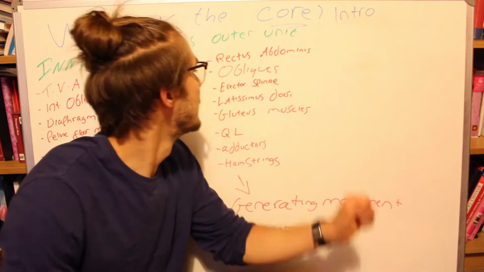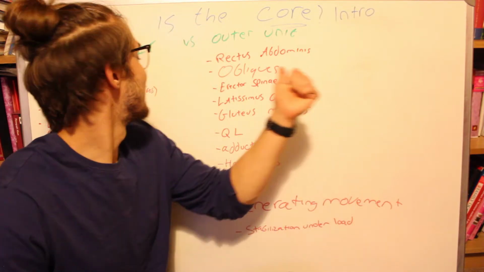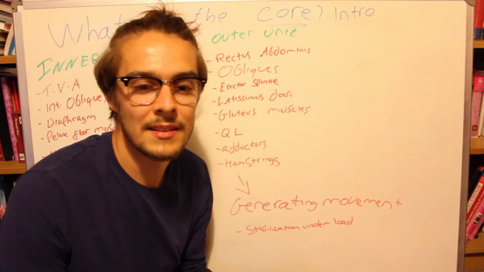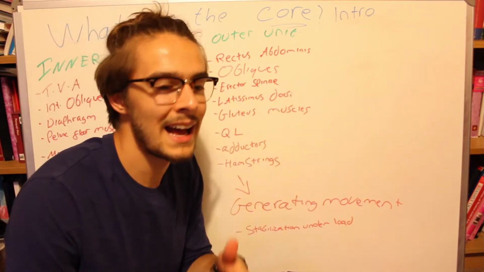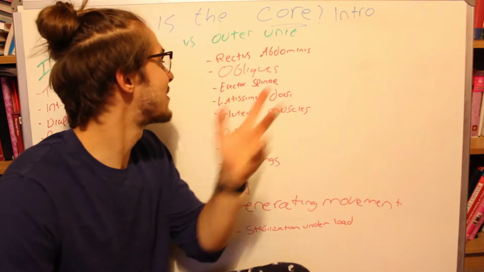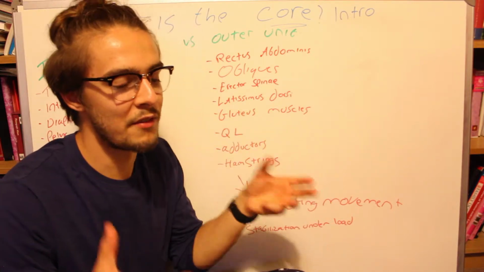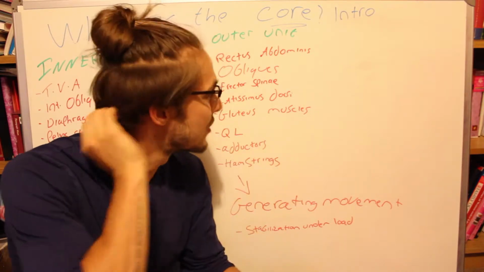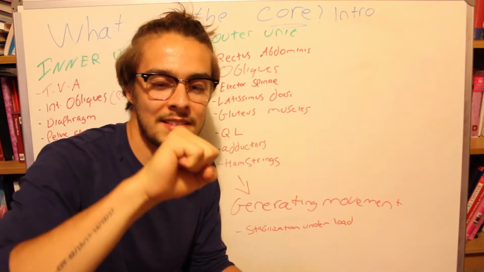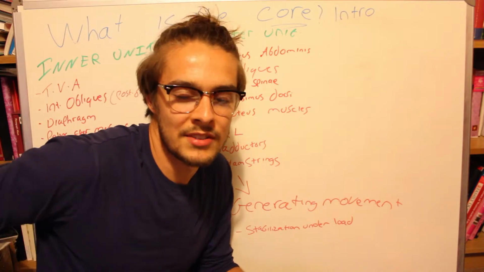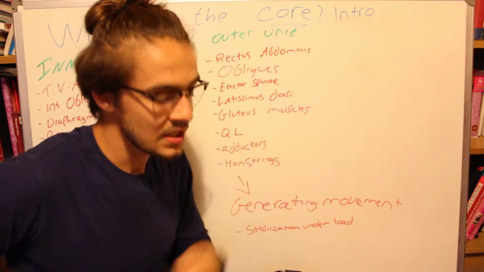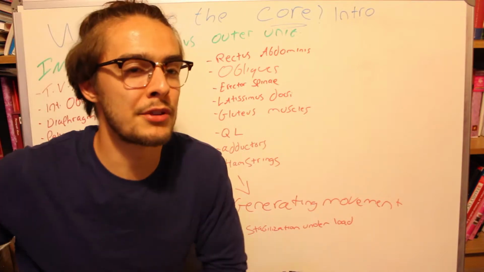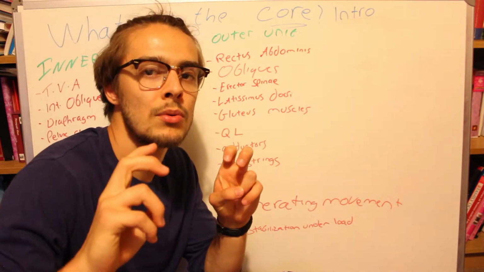Now you have the rest of your obliques, so the anterior fibers of your internal obliques and your external obliques. If your external obliques fire both at the same time, they bend the trunk forward, same as the internal obliques. If stimulated unilaterally, on one side, they're responsible for same side lateral flexion, and also for contralateral rotation.